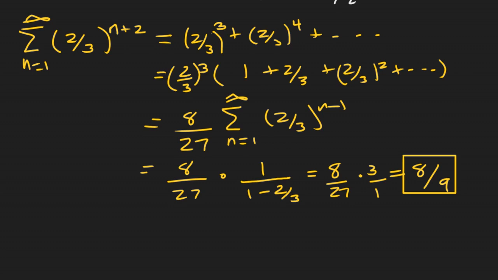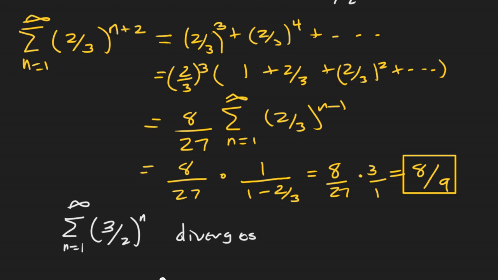But in either case, if you had a series that started at 1 and goes to infinity, but notice that if you had 3 halves raised to the n, this series diverges.